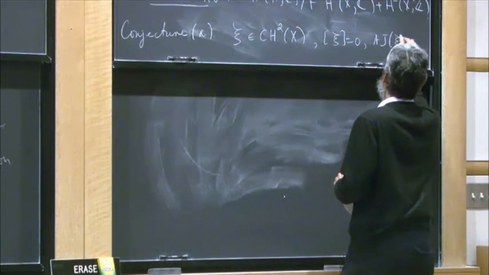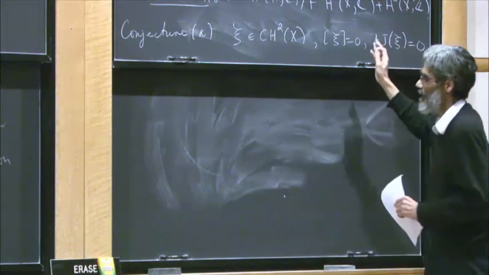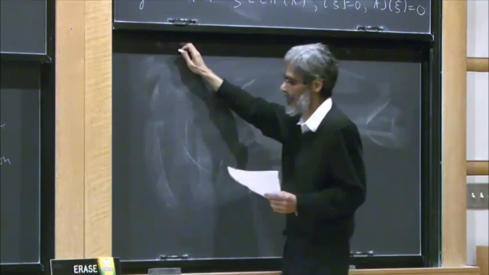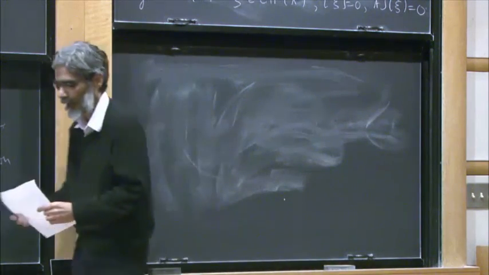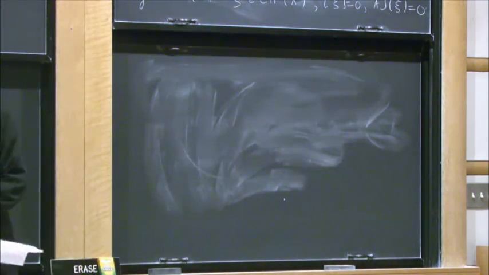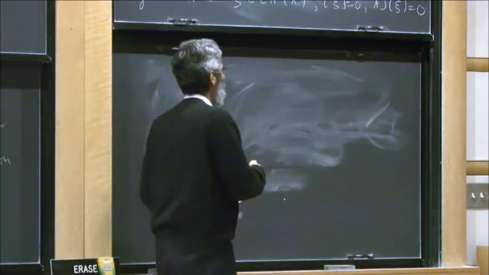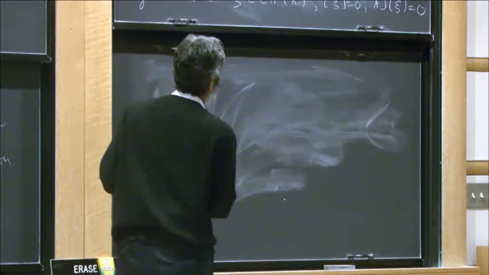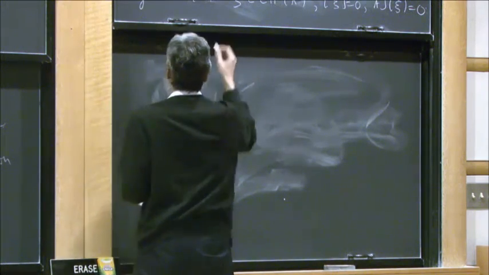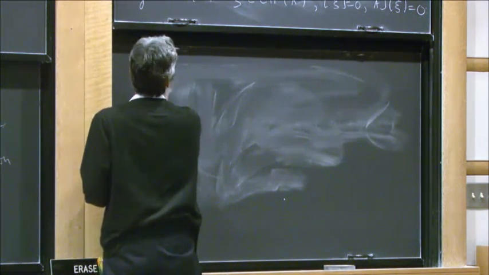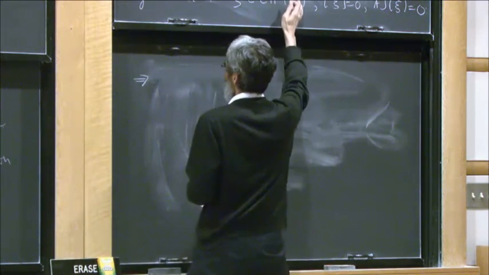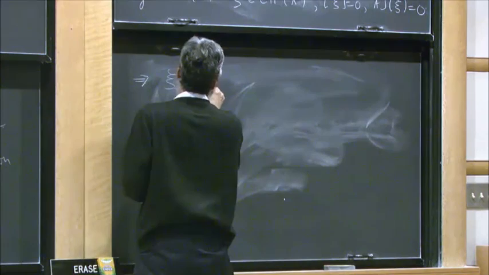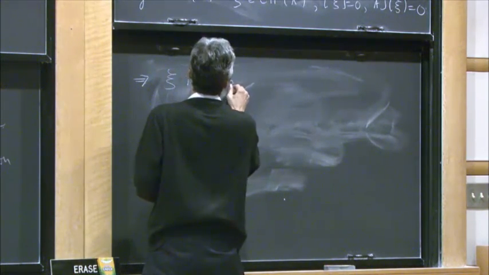Of course I should have said that this is the way it was done, but by now of course everyone knows that it can be done in the equivalent language of mixed Hodge structures. I could say that psi being 0 in the intermediate Jacobian implies, and this is where I stress the 2, implies psi is algebraically equivalent to 0.